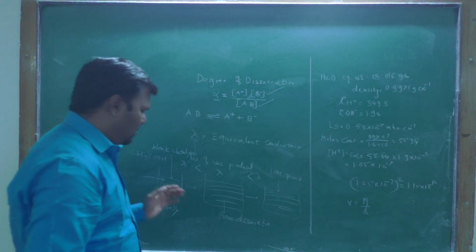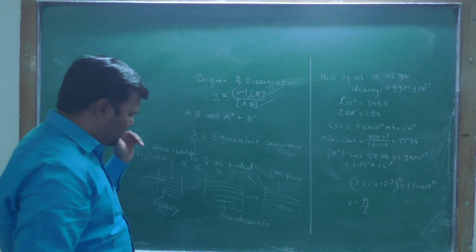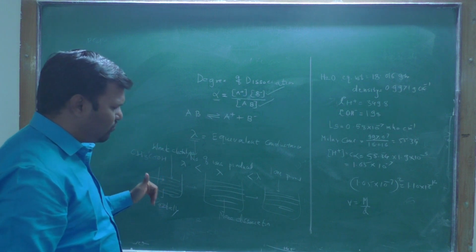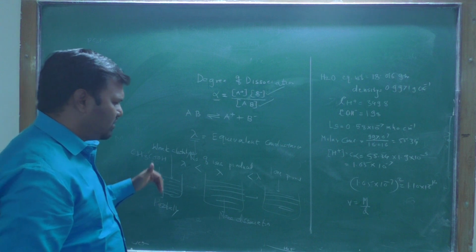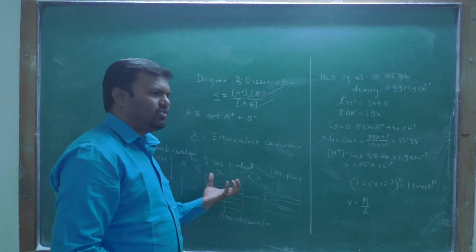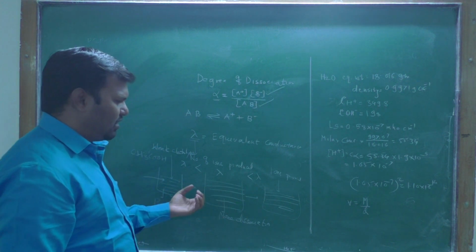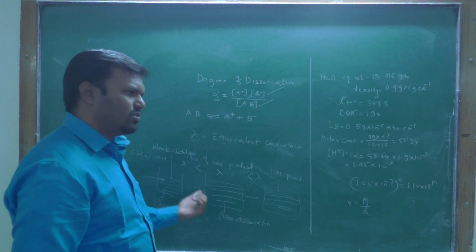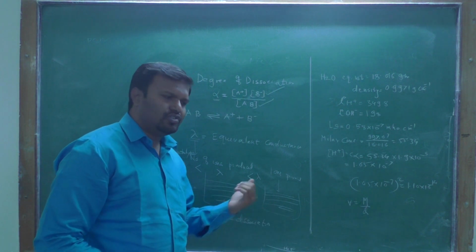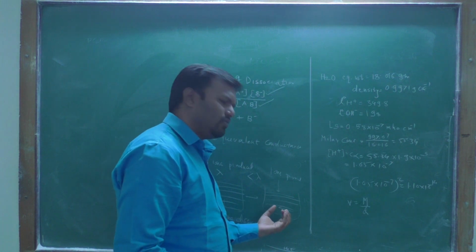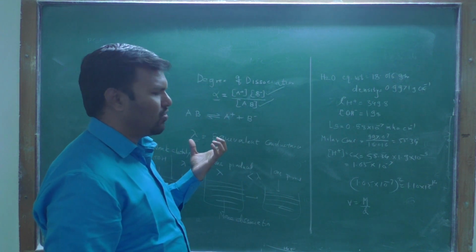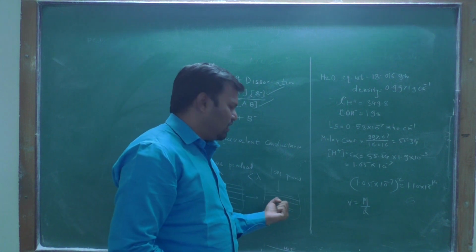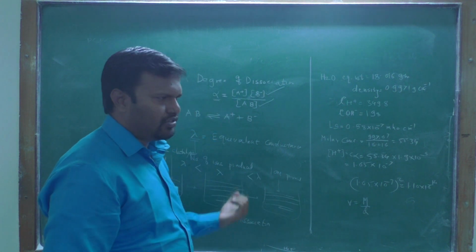Therefore for a weak electrolyte, when you add solvent and it gets diluted, more ions are produced, and that's why its equivalent conductance is more. Add solvent again, dissociation is more, and equivalent conductance increases.